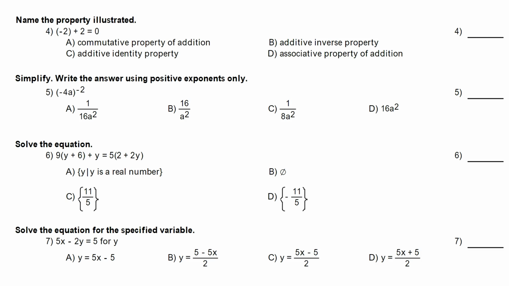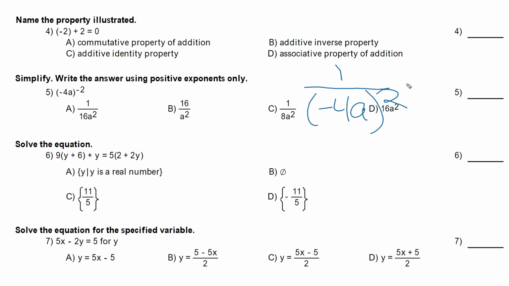All right, number 5, we want to simplify this. When we have a negative exponent, basically all that means is we put a value in the numerator, bring this down to a negative 4a, and then the sign of our exponent changes as it crosses that division bar.